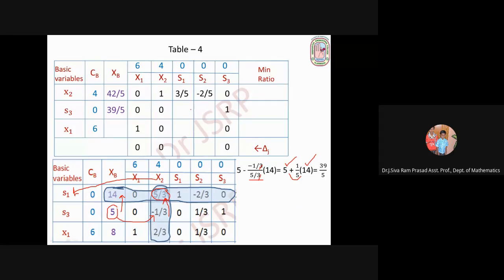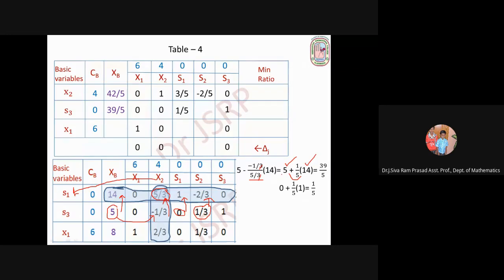Next, to calculate the S1 value, present value 0 and pivot row value 1. Just replace 0 and 1 here. So 0 plus 1 by 5 into 1, that is 1 by 5. Next, for S2, present value 1 by 3, pivot row value minus 2 by 3.